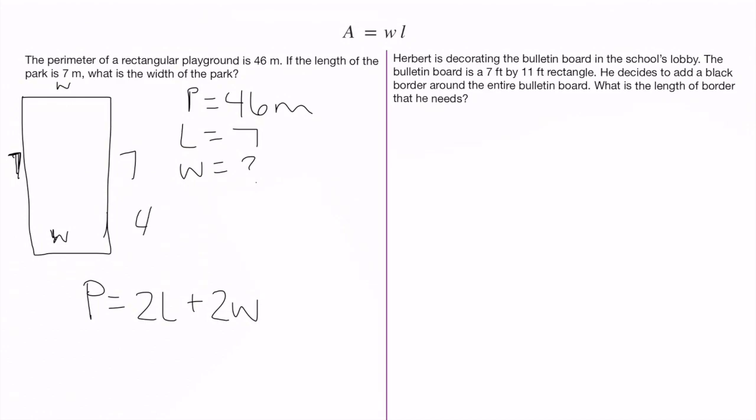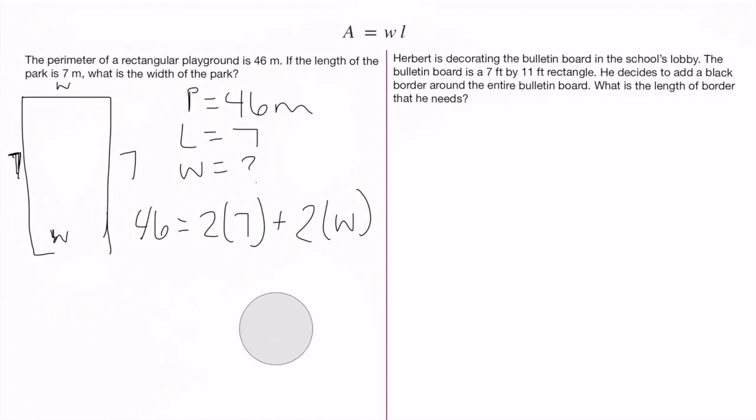So perimeter is 46 equals 2 times my length of 7, plus 2W, which we don't know. I can go ahead and simplify that. So it's 46 equals 14 plus 2W.